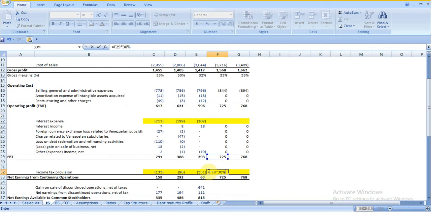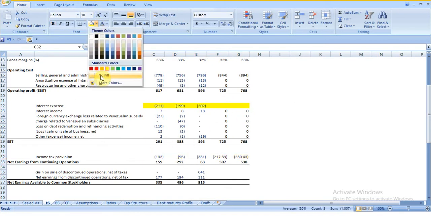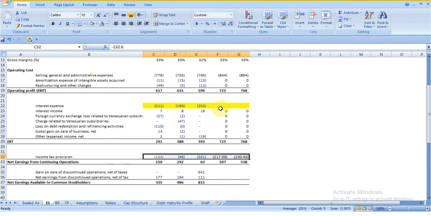So that is easy. We can do that. I have dragged it. I just checked here, and this way it looks complete. The only thing left is interest expenses, which we are going to forecast in the assumptions when we will look at the debt part of the company.